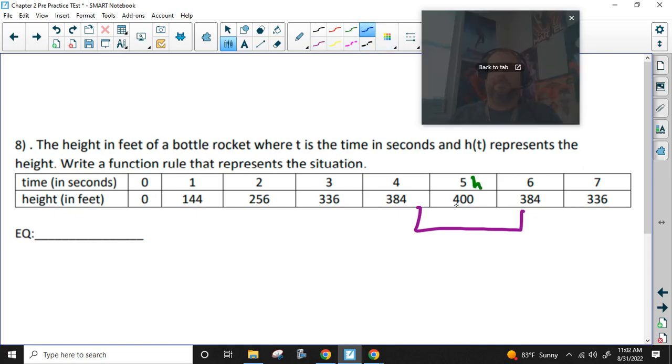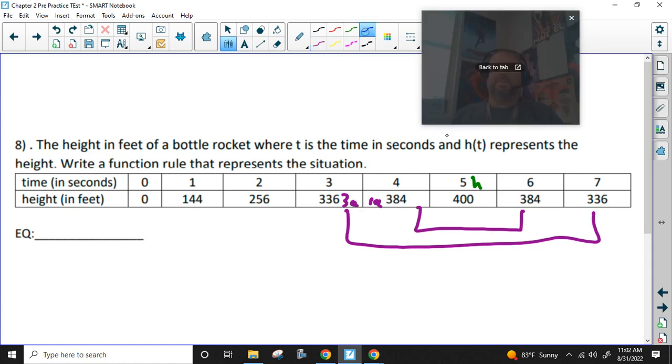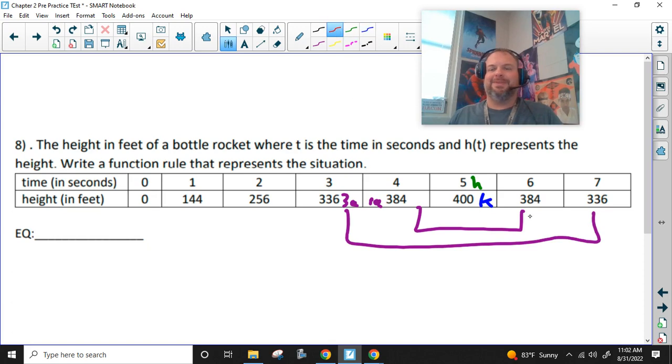Well, remember, this is the 1A and this would be the 3A. So your A may be wrong. Okay, so we went from 400 to 384, so I went down 16.